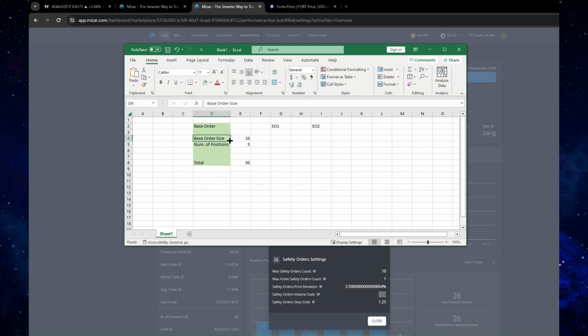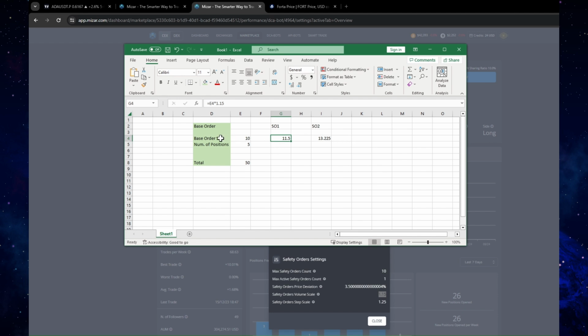The base order will be multiplied by the volume scale. So volume scale is 1.15. That means this amount will be multiplied by 1.15, and so on. You see, so it will gradually increase.